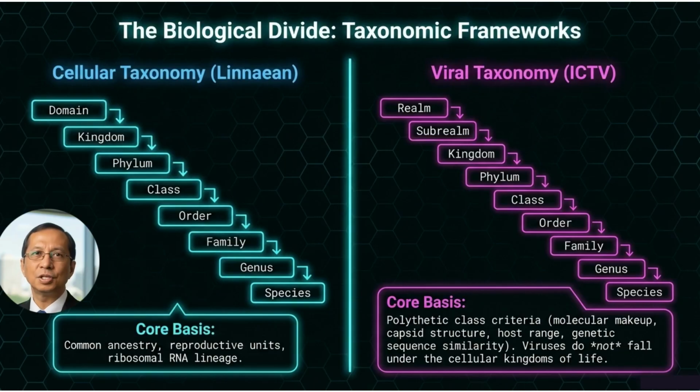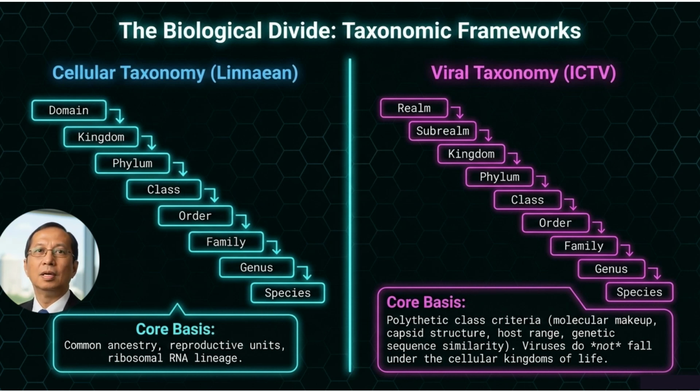The classification of viruses presents a unique biological divide compared to cellular life. Traditional Linnaean taxonomy for cellular organisms follows a hierarchy from domain to species, based on common ancestry, reproductive units, and ribosomal RNA lineage.